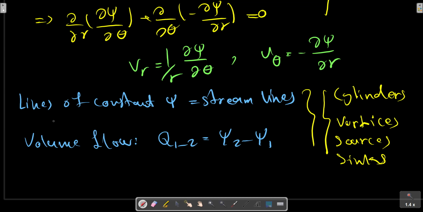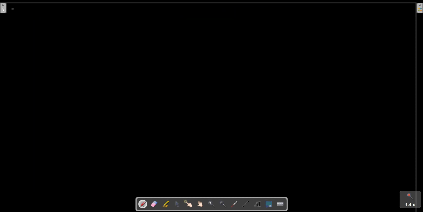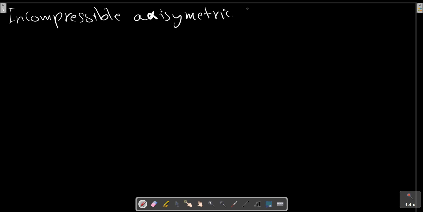The next subsection is incompressible axisymmetric flow. As the final example, suppose that the flow is three-dimensional, Vr, Vz, but with no circumferential variation.